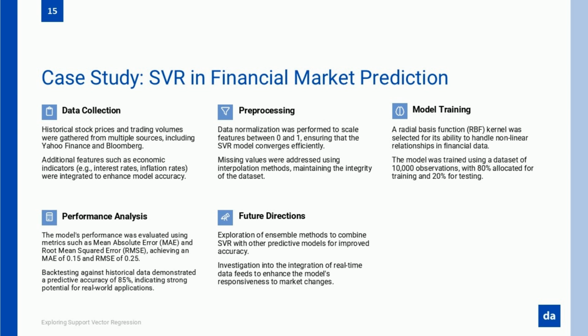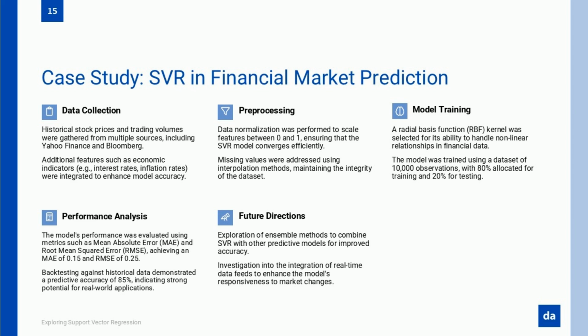Additionally, the model's accuracy depended heavily on feature selection. Including the right economic indicators significantly improved predictions, while irrelevant or misleading data reduced performance.